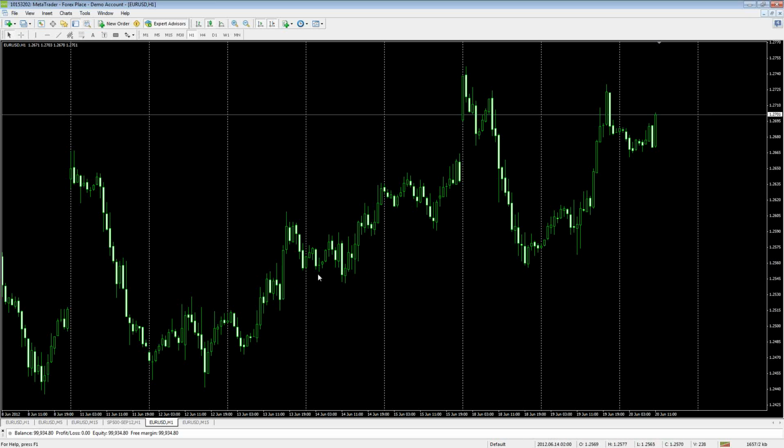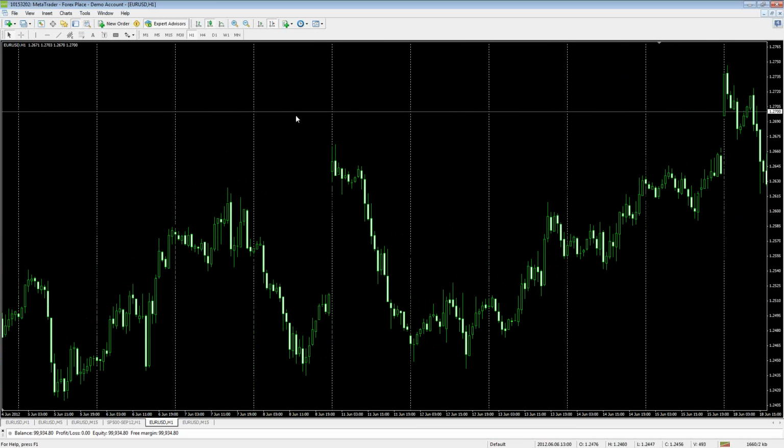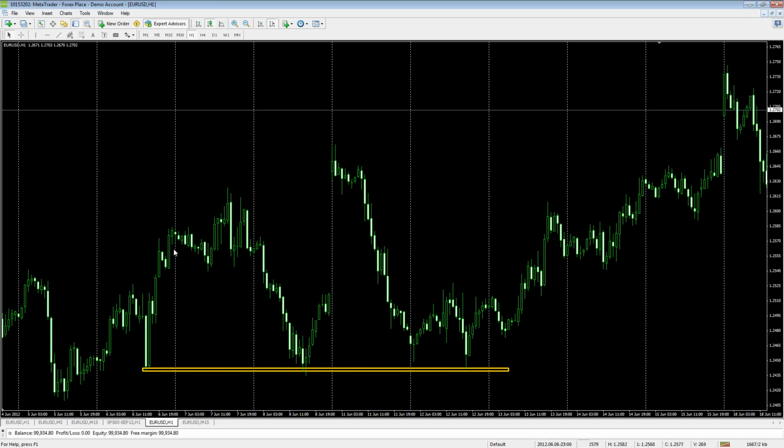For example, just a short example here. Okay, so we can see this area where there was strong reaction to this price level around here.